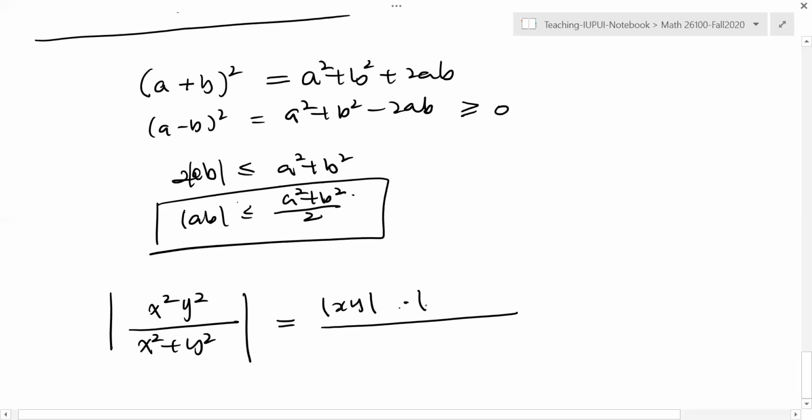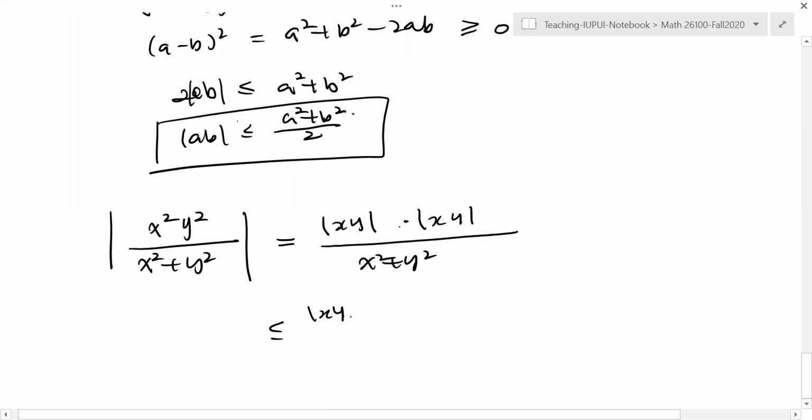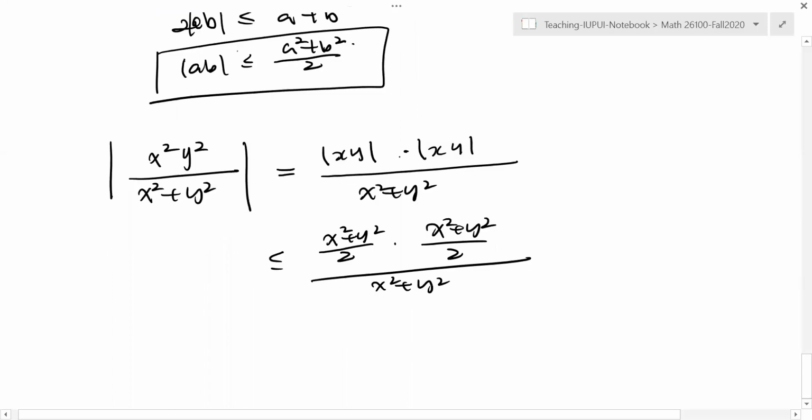Then I have x squared times y squared. Now the inequality tells me both of them satisfy an inequality, right? The first one is less than half of x squared plus y squared, and the second one is half of x squared plus y squared, divided by x squared plus y squared. So now what do you get? This cancels out, right? So you get a quarter of x squared plus y squared.